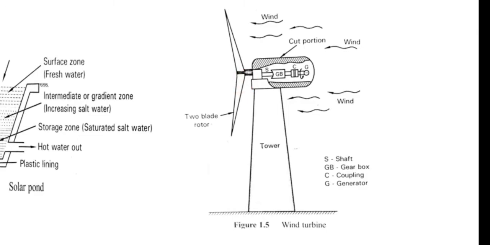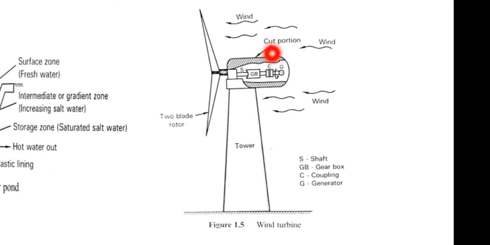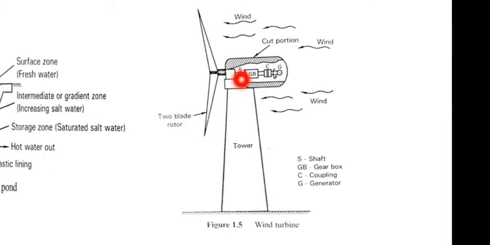This is the shaft on which the rotor is attached, then here a gearbox is attached to change the speed, and finally this gearbox is attached to the electricity generator. This is the tower.